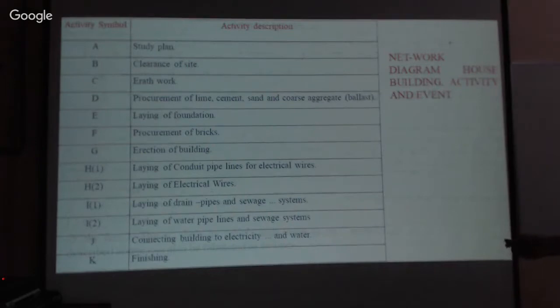Now this is one example I have taken: house construction, a network diagram for house building.